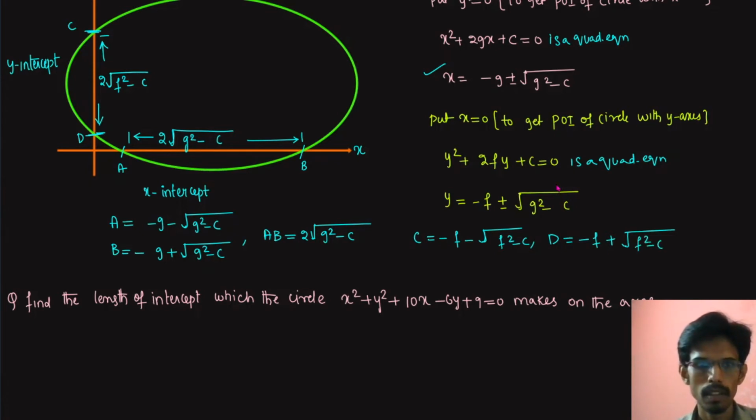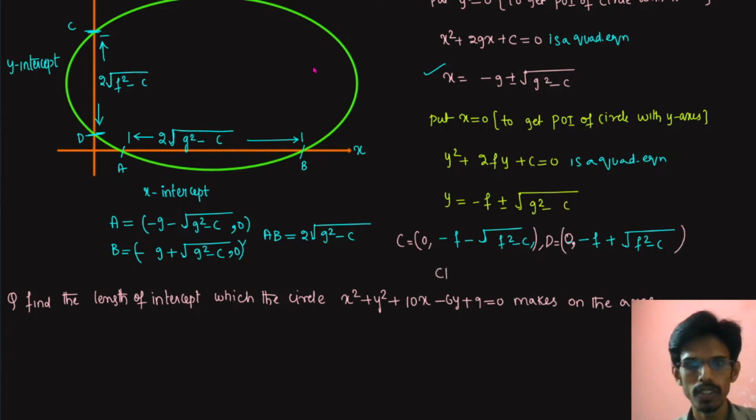Now here, comma 0 will be there, because on x-axis y will be 0, so comma 0 will be the points A and B. For C I will get 0 comma minus f minus root f square minus c, and D will be 0 comma minus f plus root over f square minus c.